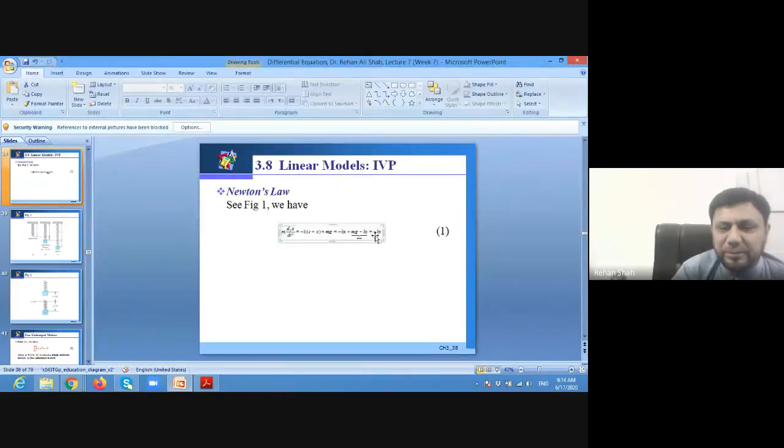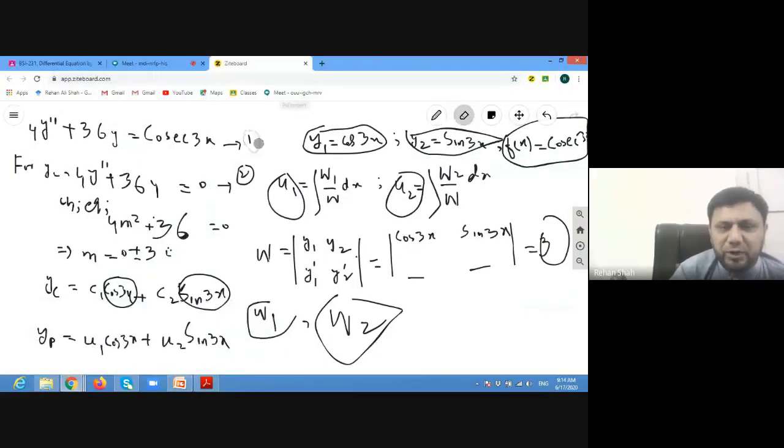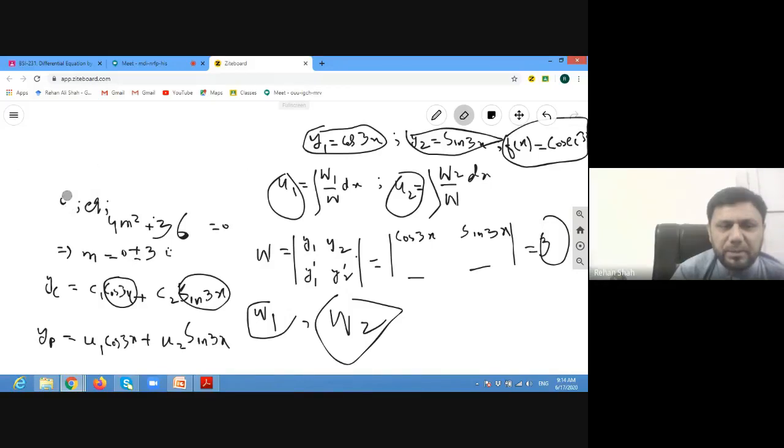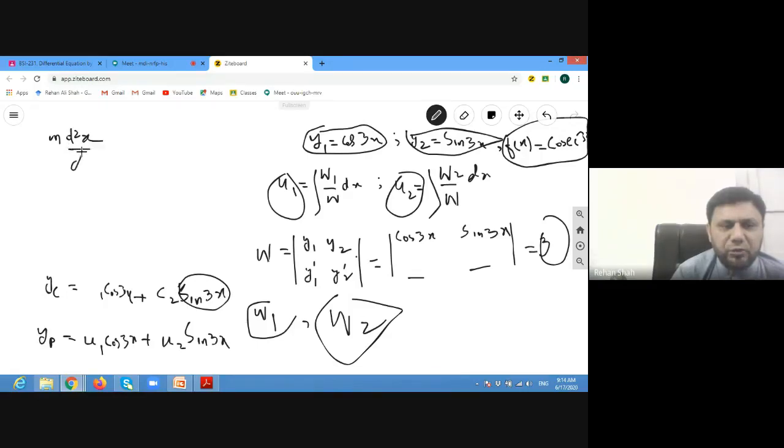So remember this point. When a body is attached with a spring, and there is no external force, we can write its equation in this way: m d square x by dt square is equal to minus kx.